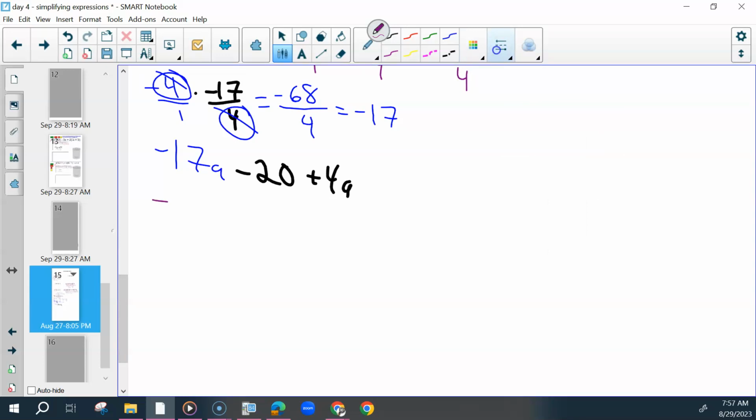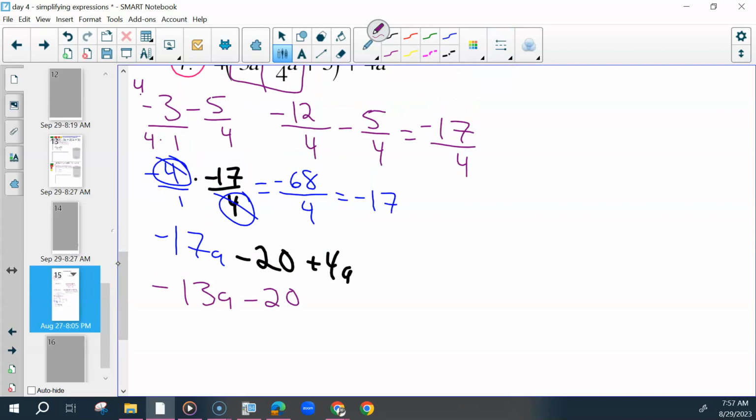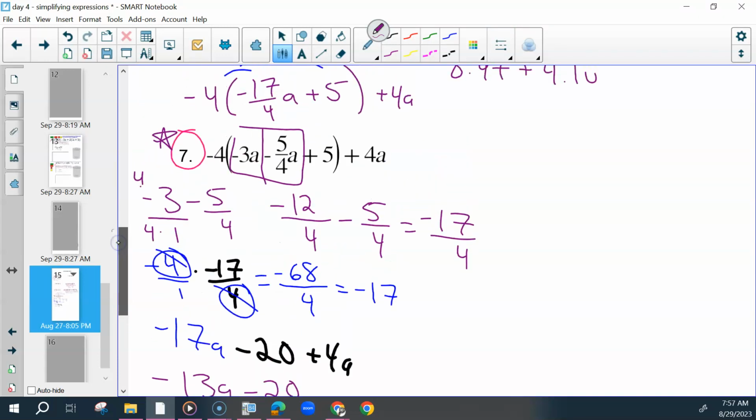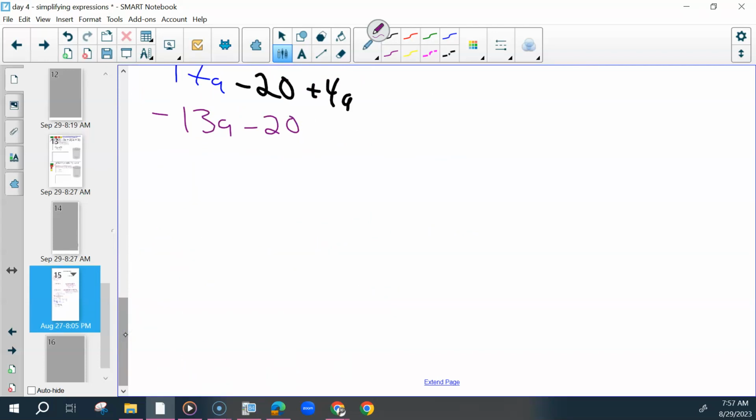Negative 13. Negative 13a. Where did I get the 20? When we multiply negative 4 times positive. So really, if you can do distributing, combining like terms, all those things with the fractions, with the decimals, that's about as hard as this will get for simplifying for this increase. Questions on that?